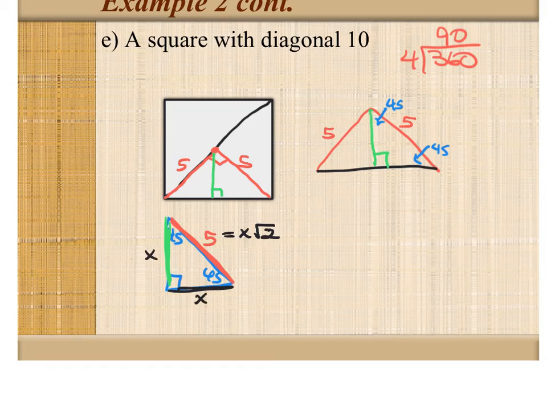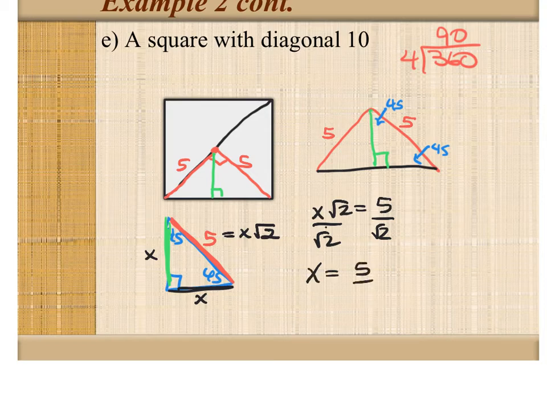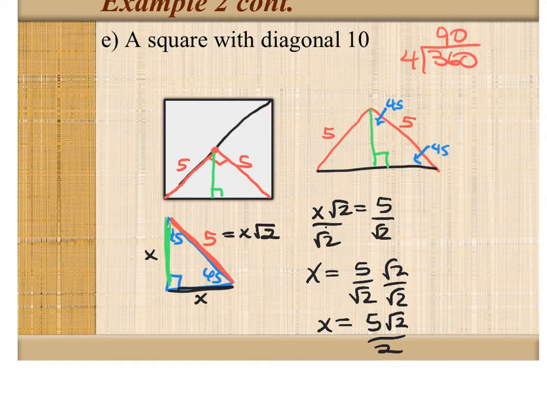So I need to solve this. X root 2 equals 5. Divide both sides by the square root of 2. X is equal to 5 over square root 2. Rationalize. X equals 5 times square root 2 over 2. So that is what this little piece is here and this piece over here.